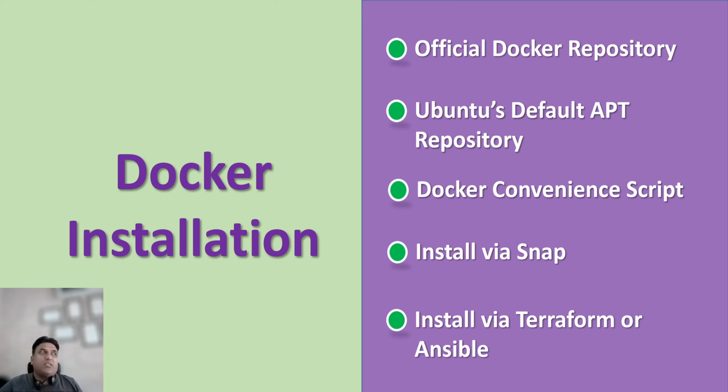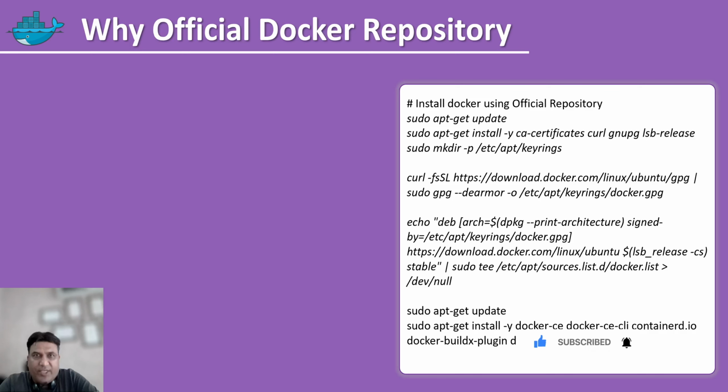The rest of the things you may find easy, fast, and without any effort you can install the Docker, but those types of installation are not recommended for your production server, and we have proper pros and cons of all the types. So let's talk about the different types in detail.